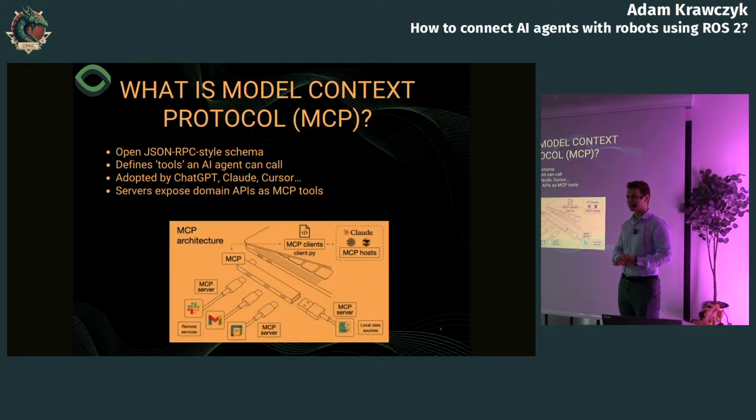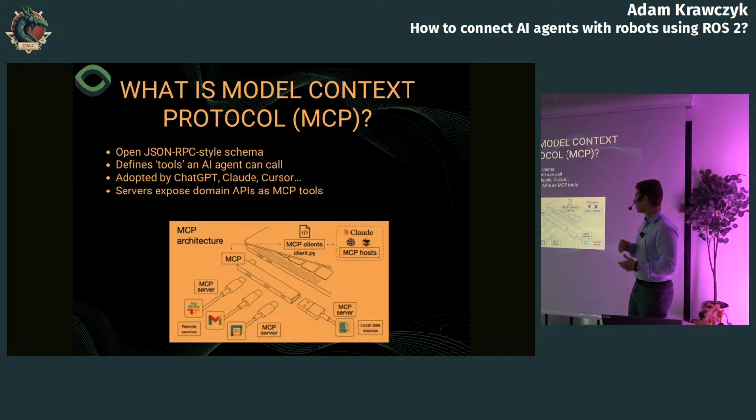Let me ask another question. How many of you know what Model Context Protocol, MCP, is? Yeah, superb. So for those who don't know, MCP is a JSON-style format of providing context to LLMs.